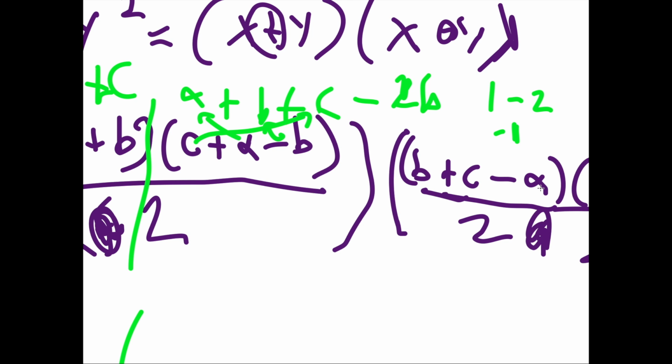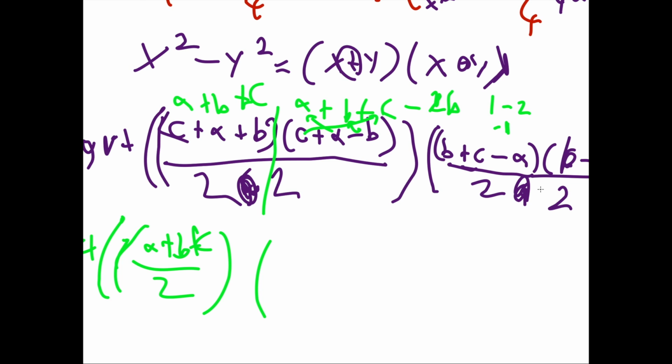So that's why that makes sense. Okay? And then, so then we get a plus b plus c divided by 2 minus 2b divided by 2.